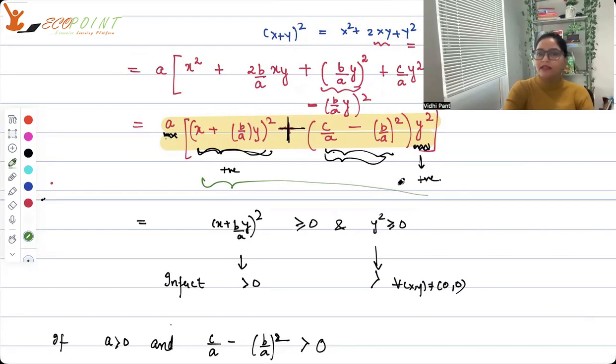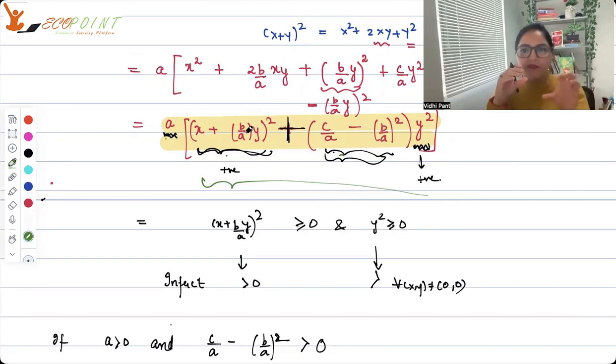And in case this is positive, then the result will be negative. Now, why am I talking about positive here? It's for a simple reason. This is a whole square, this is positive. This is a whole square, this is positive. Now, if this expression is negative, then you are a positive number minus something. You wouldn't know what the sign would be. You can't figure that out.